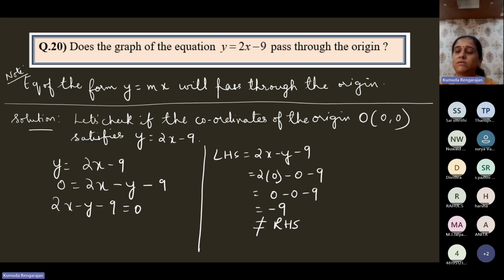If the graph of this equation has to pass through the origin, what are the coordinates of the origin? 0, 0. That means the point 0, 0 should lie on this line. And if the point 0, 0 lies on this line, it should satisfy the equation. So that's what we're trying to check.